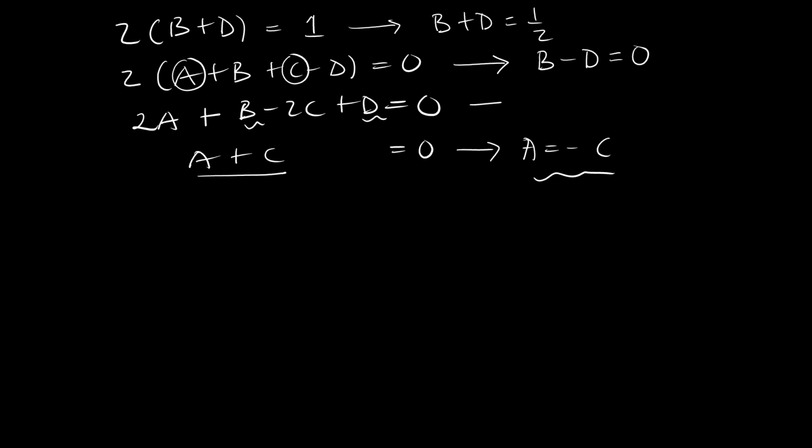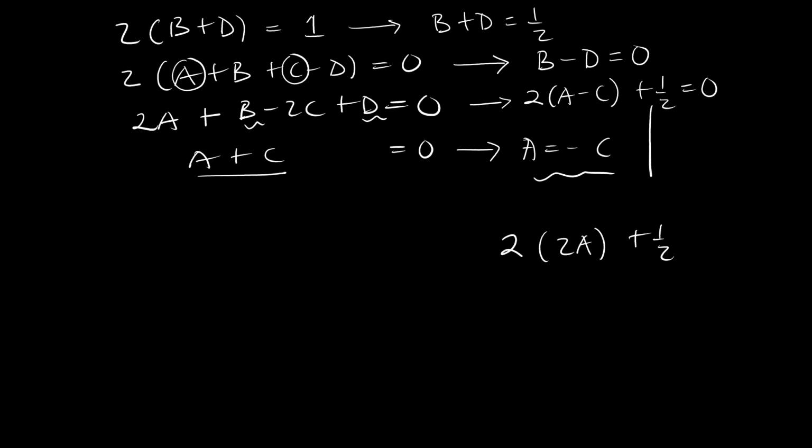So we are saying that 2a minus c plus 1/2 equals 0. Now, since a is equal to negative c, from here we'll just say that 2a plus 1/2, this is from here, equals 0.